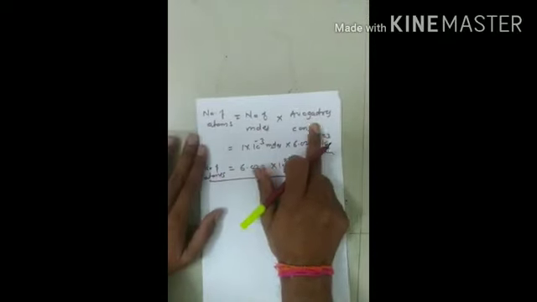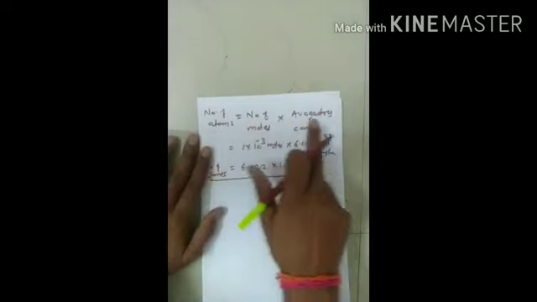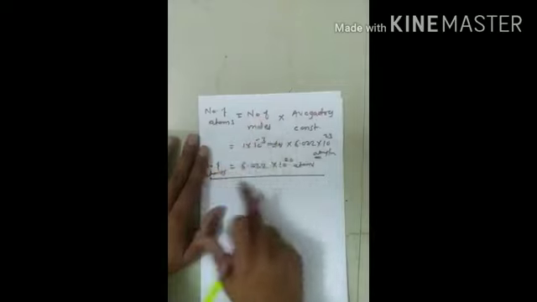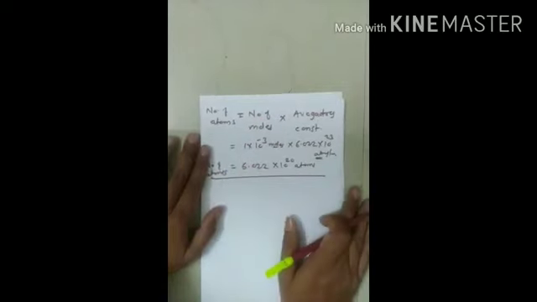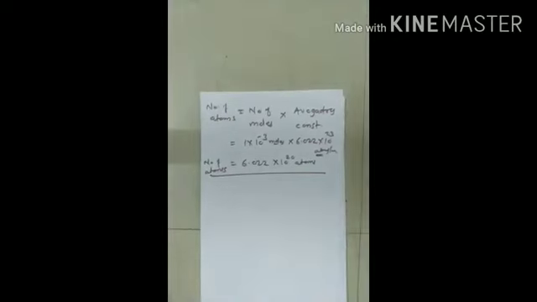If they ask for the number of molecules, use the same formula, number of moles into Avogadro's constant, which gives the number of molecules. According to the question you can use the formula, and you will get the answer. So we will discuss the next question after this.